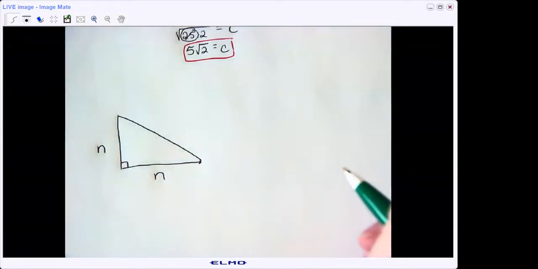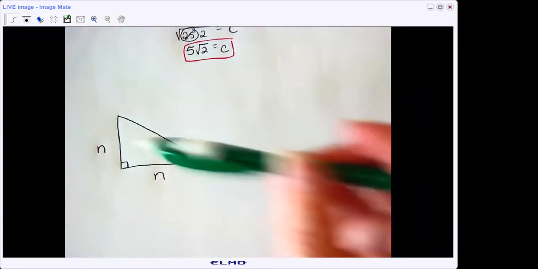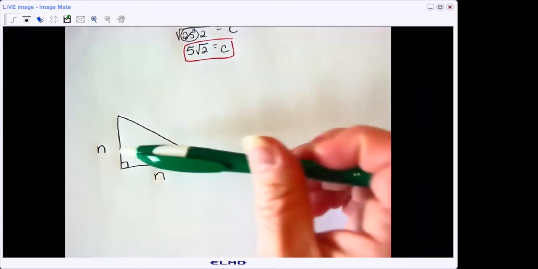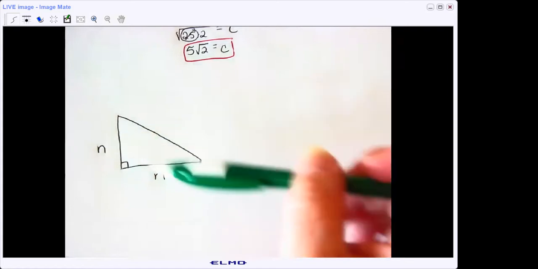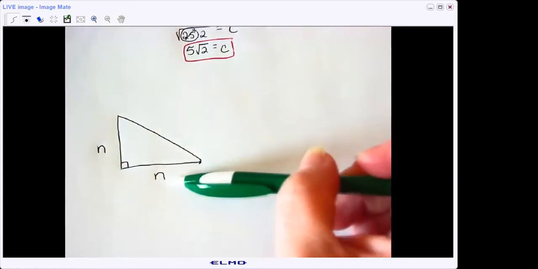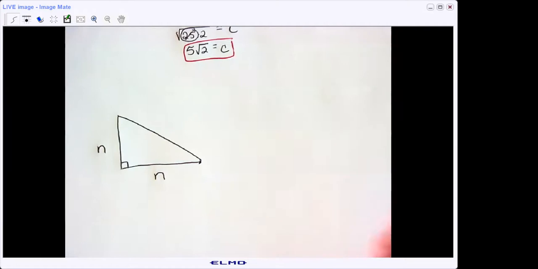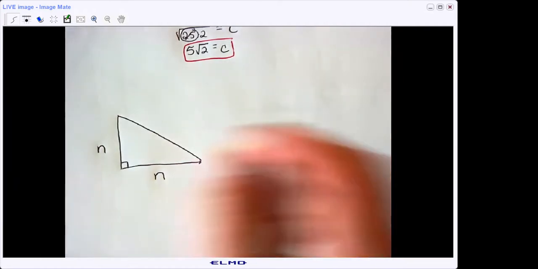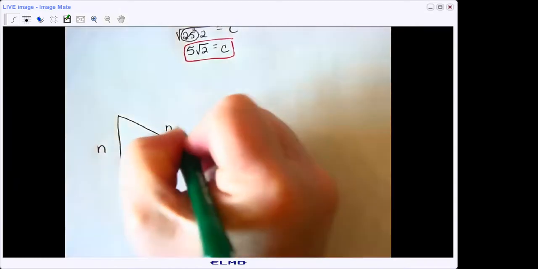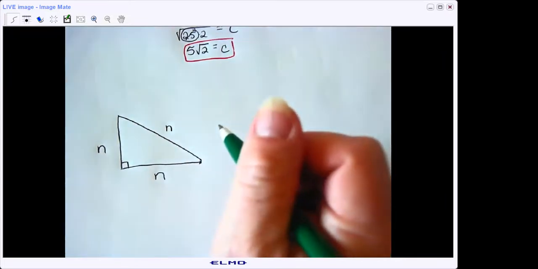They're just going to be the same number. If this one's 5, that one's 5. If this one's 18, this one's 18. If this one's 6, that one's 6. And this hypotenuse side, even though we have a name for it, it's still a side. So we have n root 2.